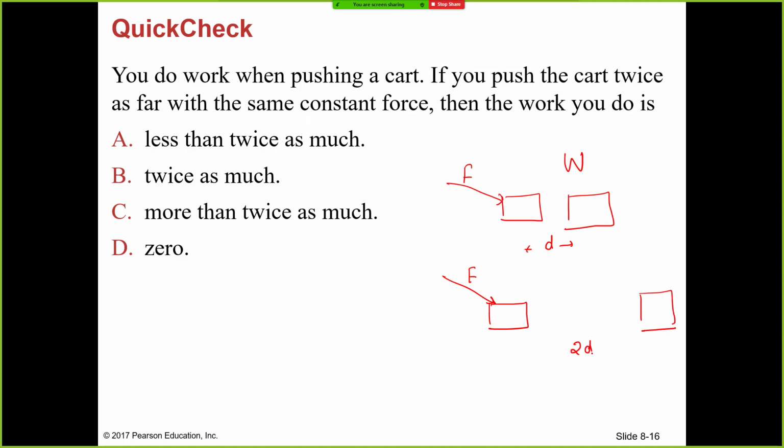So what would be the work? Work is force times D cosine theta. We are keeping force and angle constant, changing only D. If you double D, the work will be doubled, right? So the work would be twice as much.